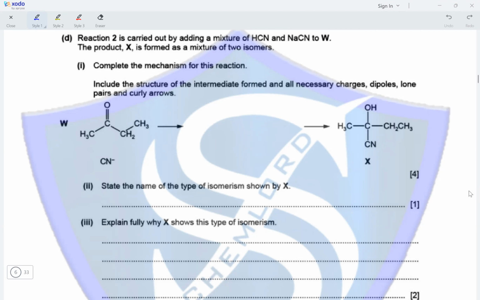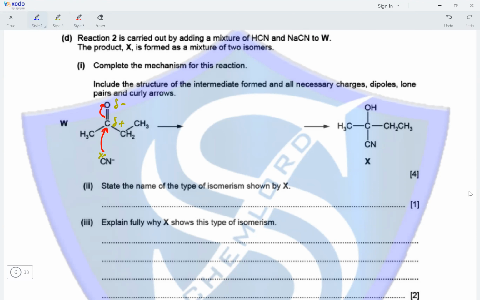So in this case, we've got a partial positive charge on the carbonyl carbon atom and a partial negative charge on the oxygen atom that forms a double bond with it. And we have a lone pair of electrons present on the carbon atom in CN-. So this lone pair of electrons gets attracted towards the positively charged carbonyl carbon, because of which the pi bond between carbon and oxygen undergoes heterolytic fission and breaks.